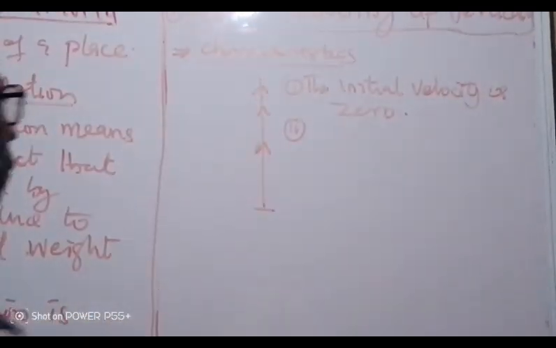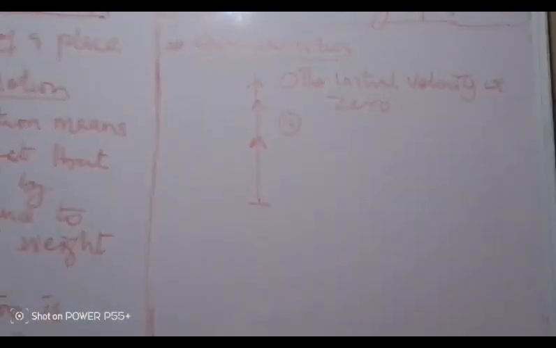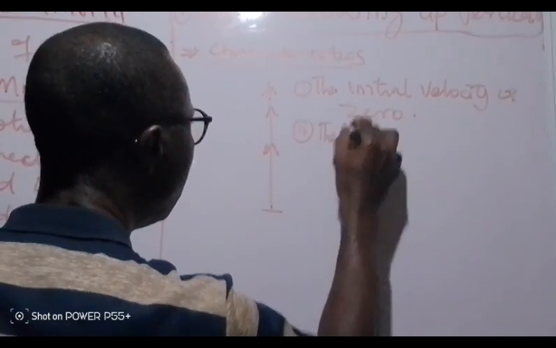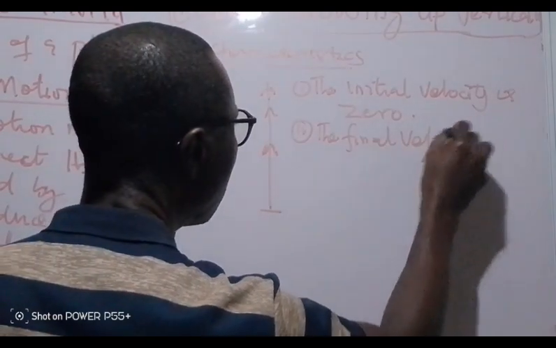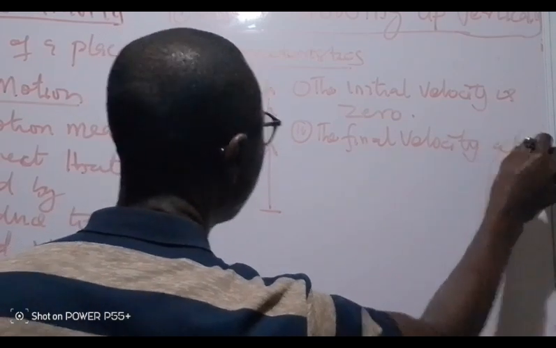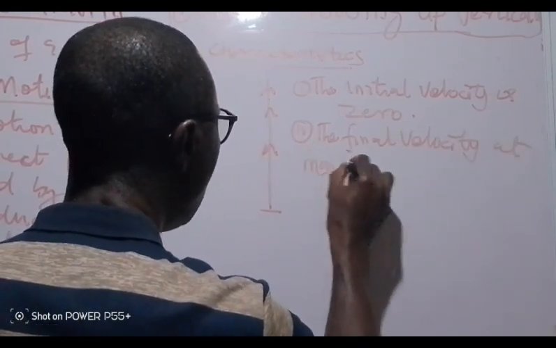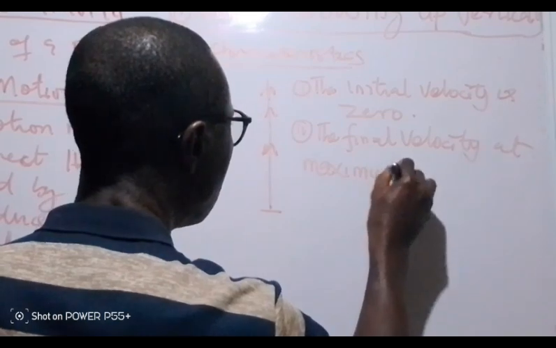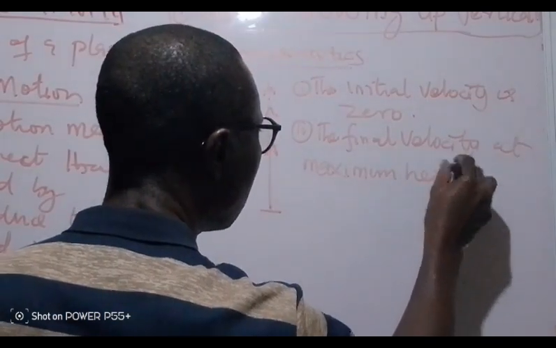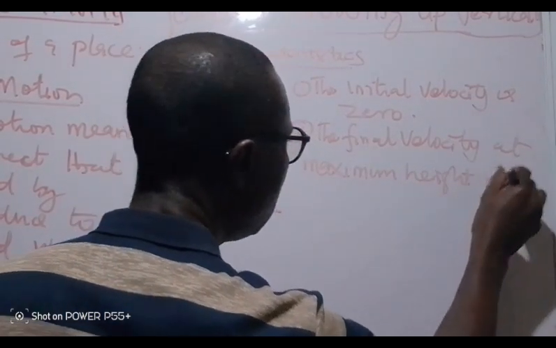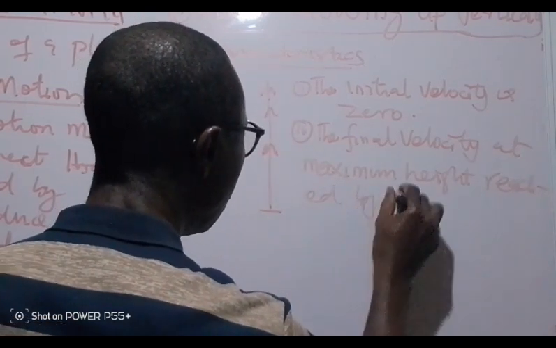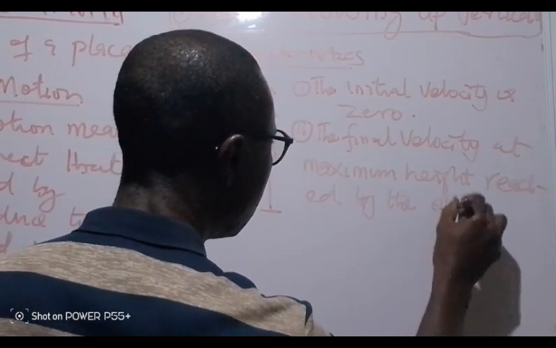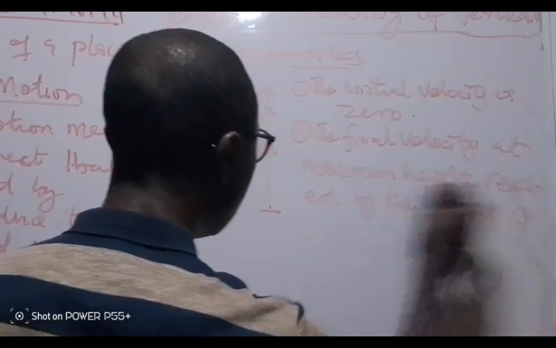Two, when the object reaches the maximum height, the final velocity at maximum height reached by the object is 0.